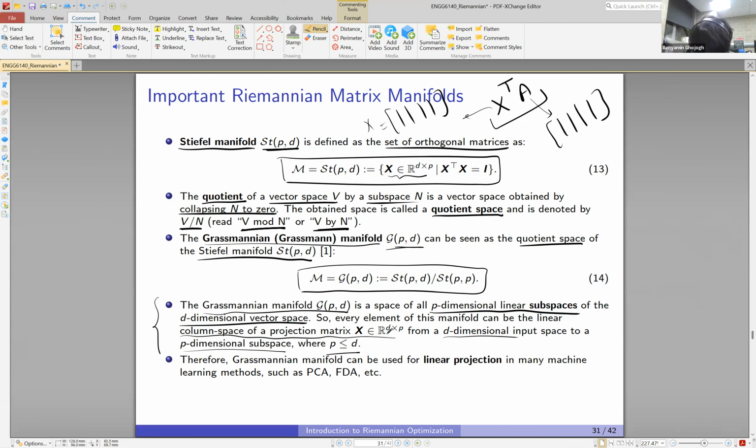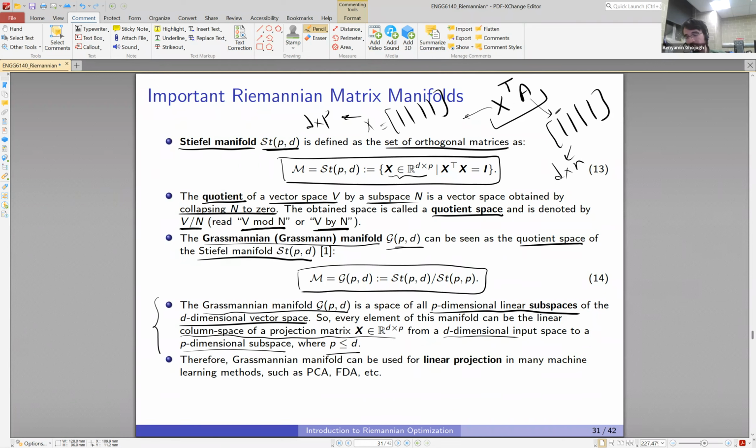So X is D by P. If P is less than or equal to D, it means that we are reducing the dimensionality of A. So we are projecting it onto a p-dimensional subspace. From a d-dimensional input, each column of A is d-dimensional. Because X is D by P, X transpose is P by D and A is D by N, for example.